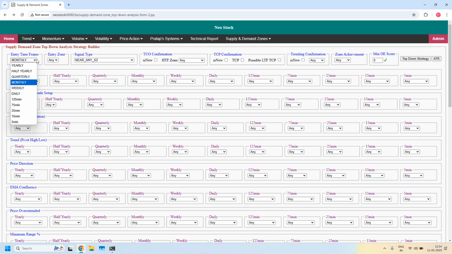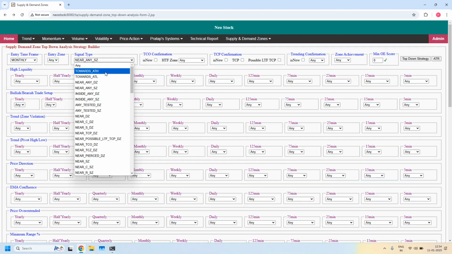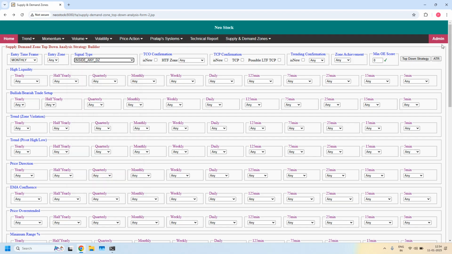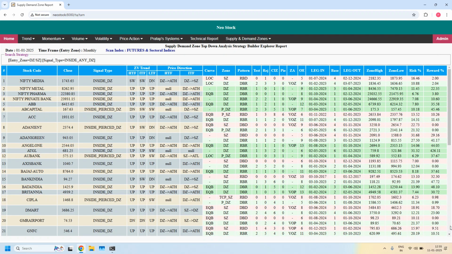Next monthly time frame. Price closed inside the monthly demand zone. So first 21 stocks in the list. I am scrolling the list down.